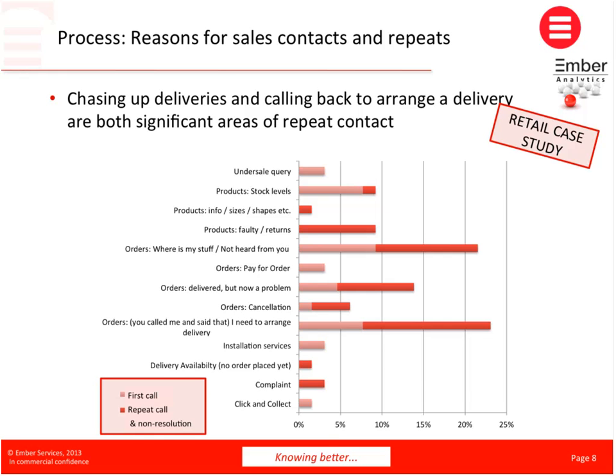So again, what we have here is not just a true picture of contact reasons in this sales area, but the data and the examples to back it up, so we can pull out the calls that allow the management team to see what's actually happening and bring it to life, if you like. And so, it's really important to have that information when you're having those discussions across departments and trying to drive that change.